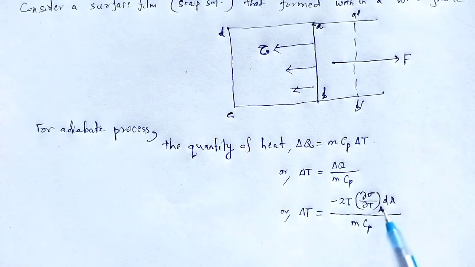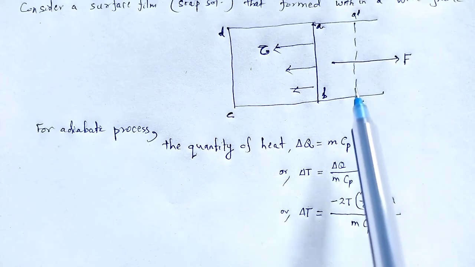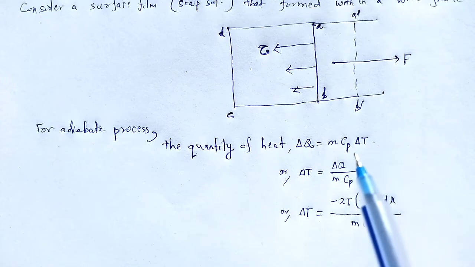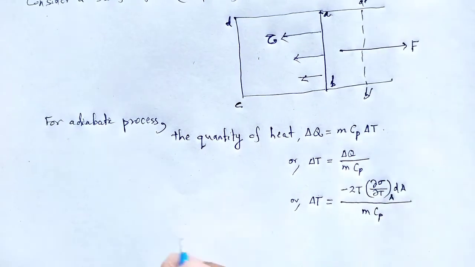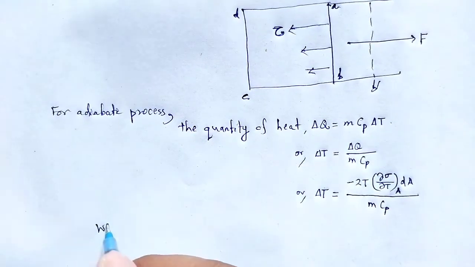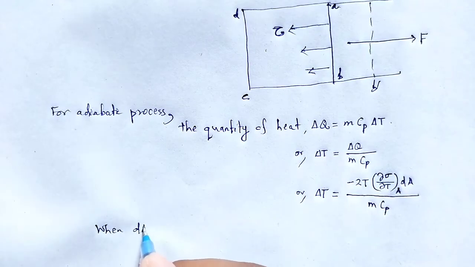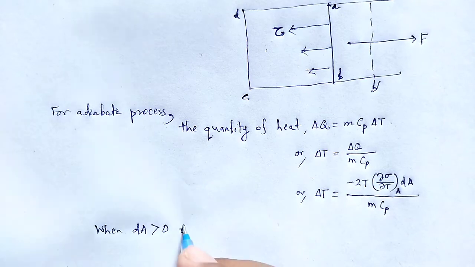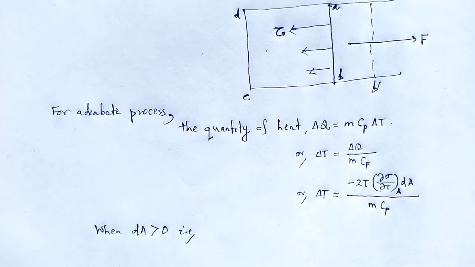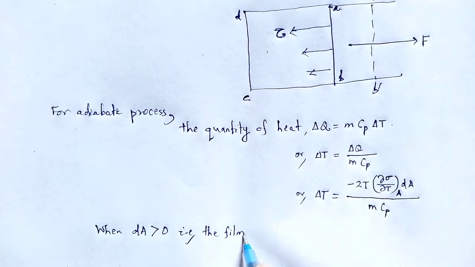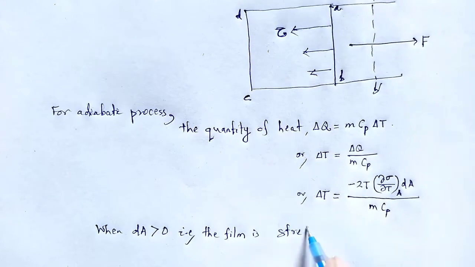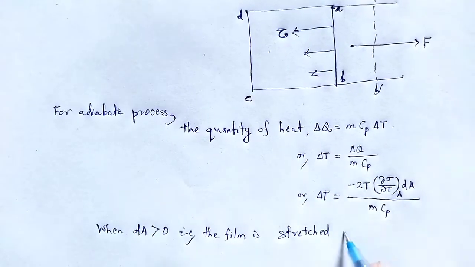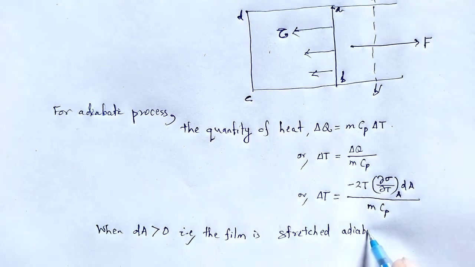Now, when the area dA is greater than 0, the film is stretched adiabatically.